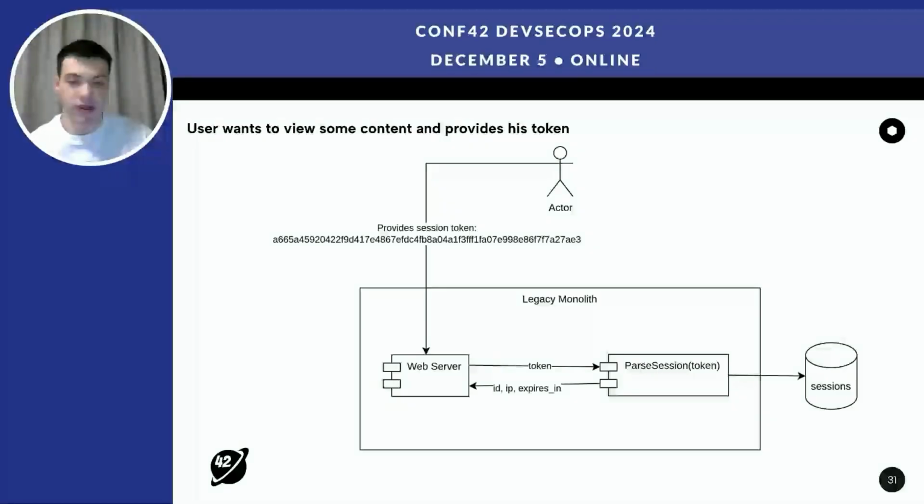And we have our legacy monolith system. We have our web server, where our users send requests. And our web service just sends the user's token to the parse session function, which returns ID, IP, and expiry date taken from the database.